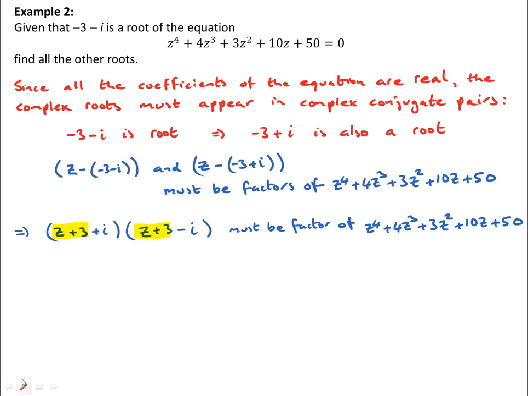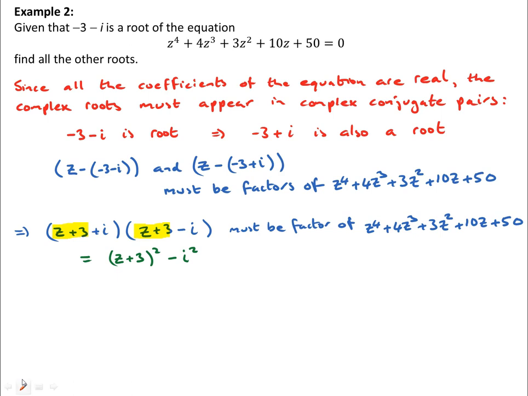Now we know that (a plus x) times (a minus x) is a squared minus x squared. So (z plus 3 plus i) times (z plus 3 minus i) must be (z plus 3) squared minus i squared.